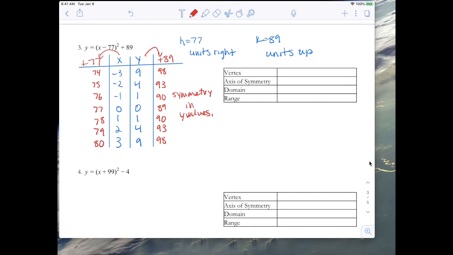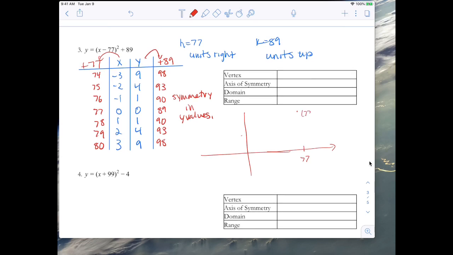I could now give you something to graph, and you would know that in your graph you're going to start way out here at 70, probably 77. You're going to plot 77, 98, and so on, then 77, 89, and then you would draw your parabola here. Anyway, we don't have to do that. What I'd like us to do is write down the vertex, which is 77, 89.